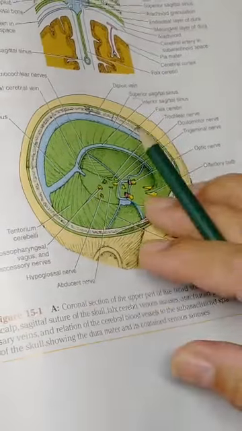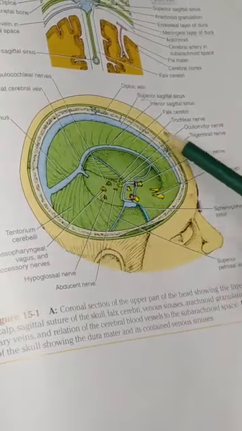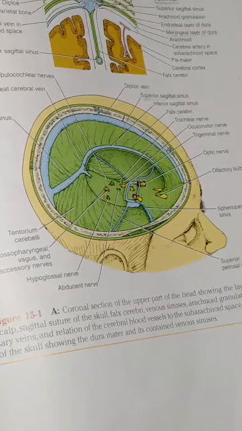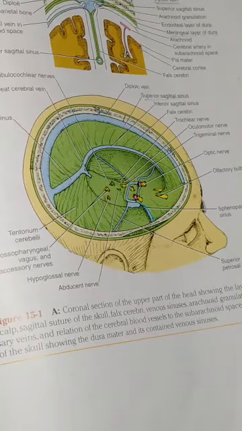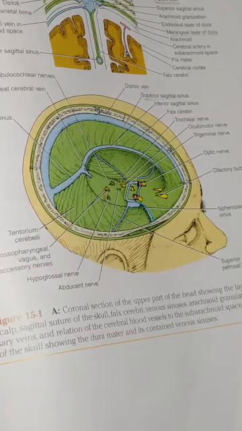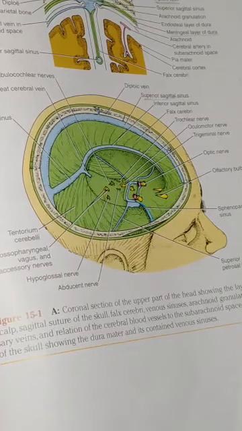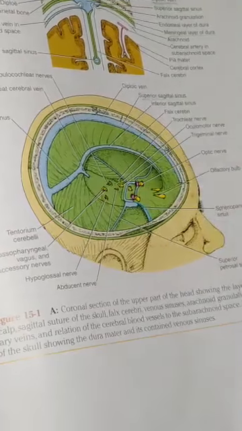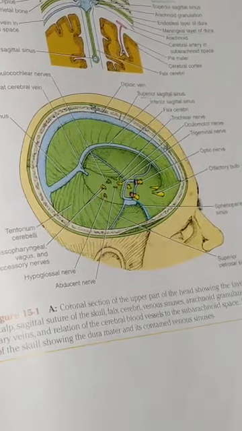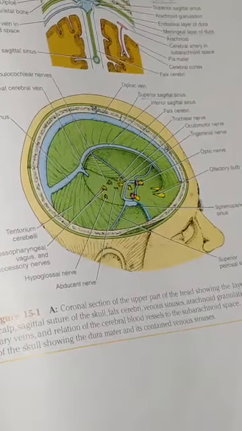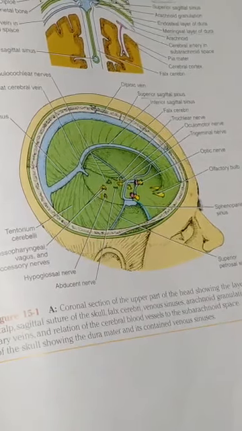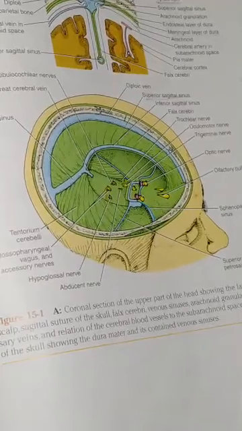But the bleeding here is not massive compared to the middle meningeal artery, which has arterial blood with pressure. Here we have small superior cerebral veins with less pressure, so the bleeding will be lesser but continuous. And when that happens, you have a condition called subdural hemorrhage.